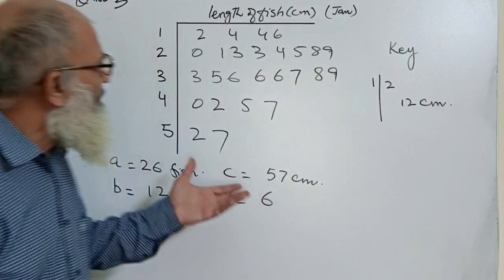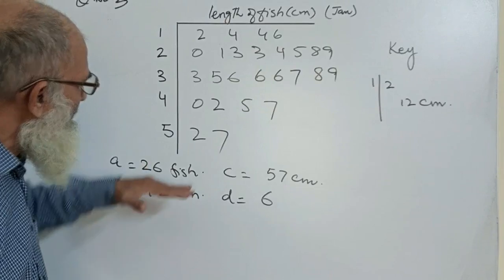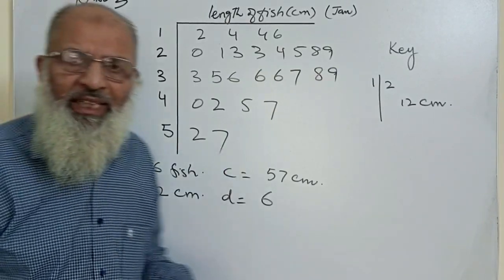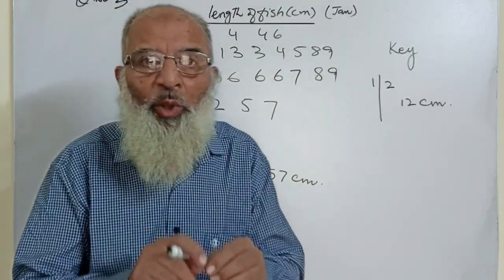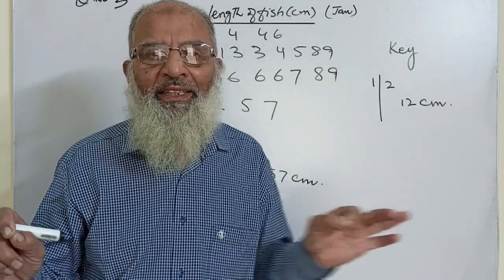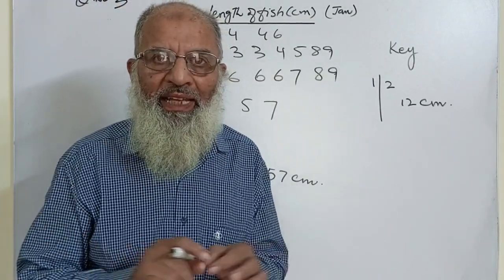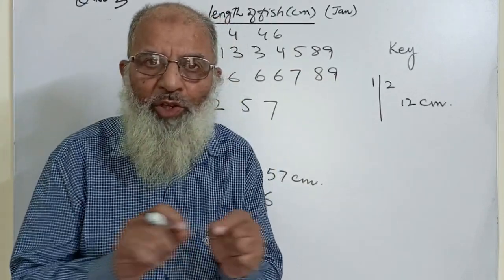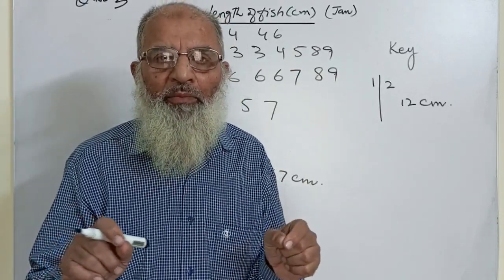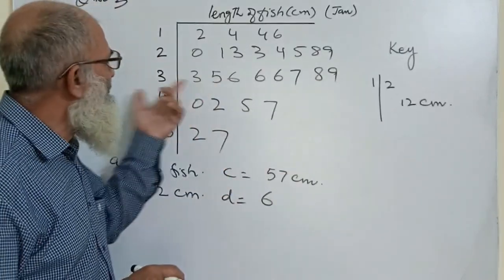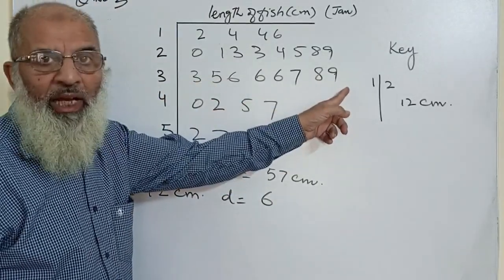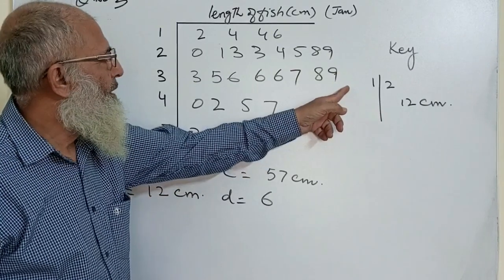Now if the pollution level has increased, what does it mean? That the fish is not getting their proper length. Now you can see that the average fish is over here.